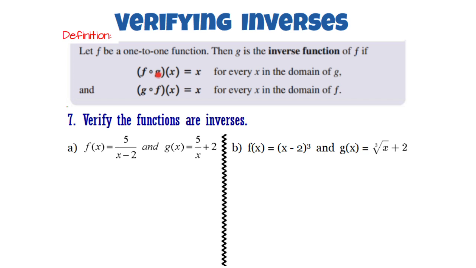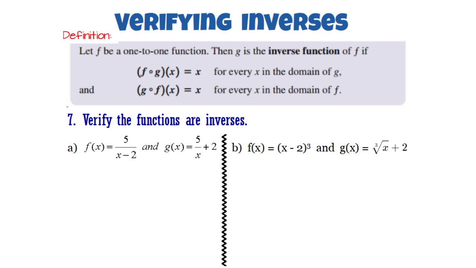So in this example, I'm going to put G in for F. And what happens is everything starts to cancel out until all that is left is an X. But it also needs to work the other direction. When you put F into G, does everything cancel out till all you have left is X? I'll show you what I mean.